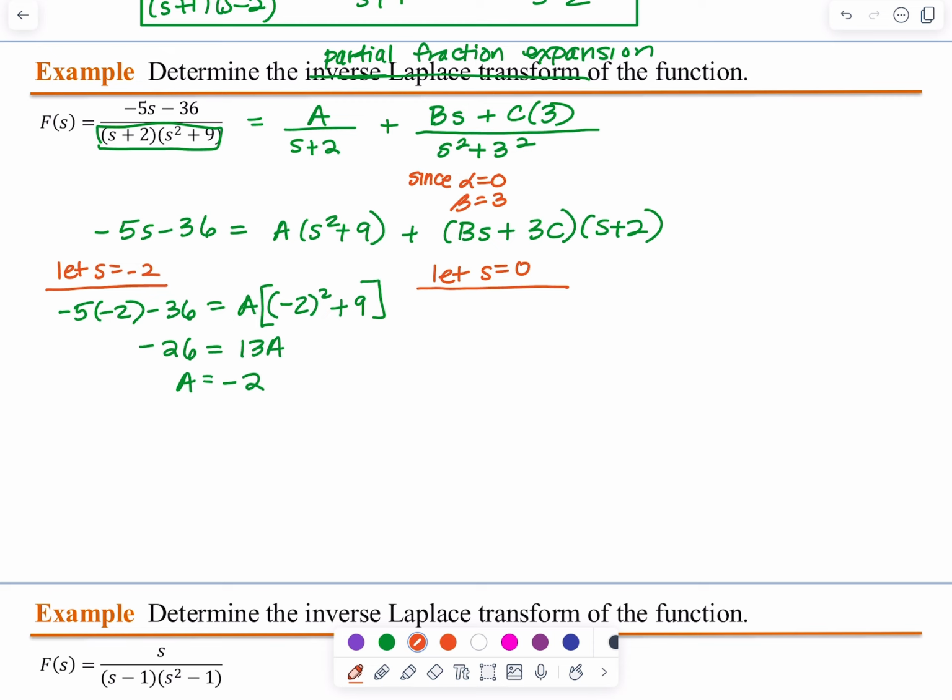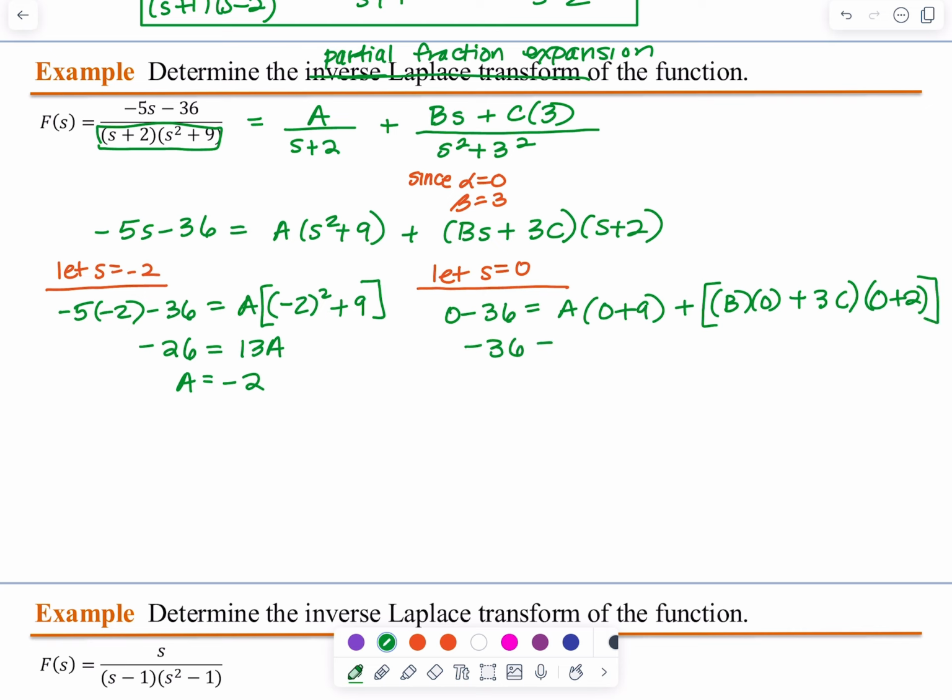Let's go ahead and let s equal to 0. That will allow us to lose b so that we can solve for c. So when s is 0, we have 0 minus 36 equals a times 0 plus 9 plus b times 0 plus 3c multiplied by 0 plus 2. I won't use those zeros next time.